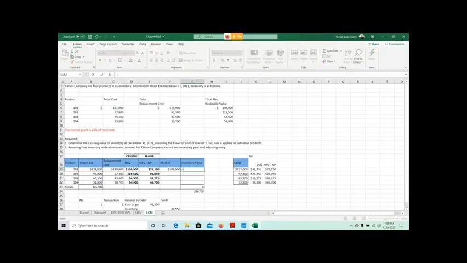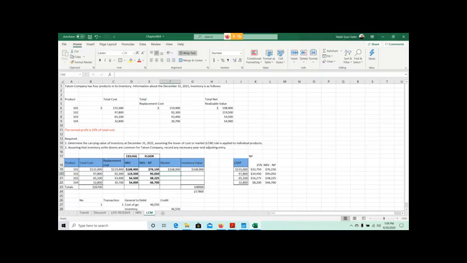And this is also going to be my inventory. Okay. All right. The next one, 102. I'm looking at the cost. I'm looking at the replacement cost. So replacement cost is lower than the floor.